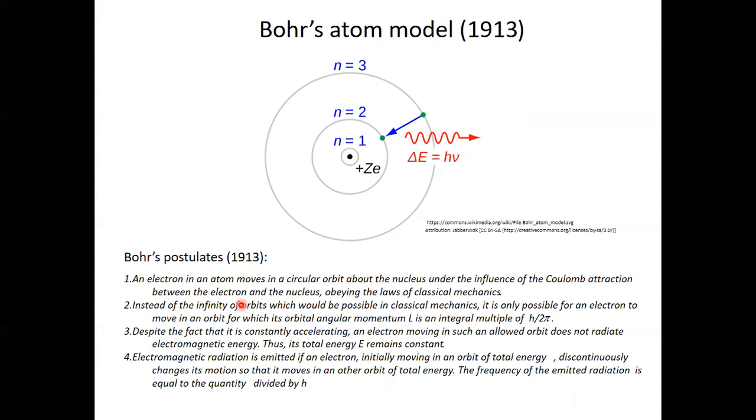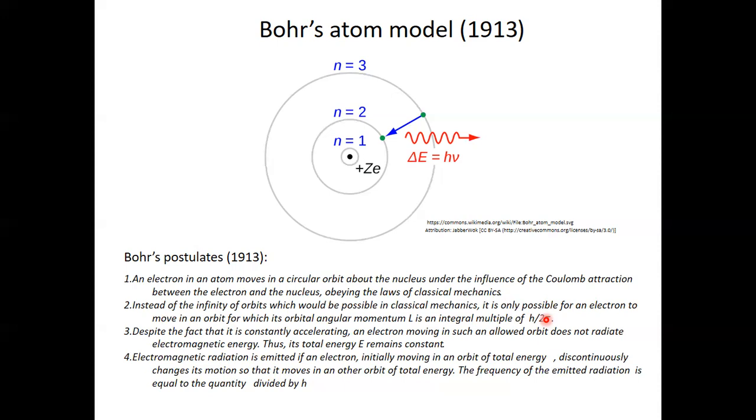However, instead of an infinity of orbits, which would be possible in classical mechanics, it's only possible for an electron to move in an orbit for which its angular momentum, L, is an integral multiple of h over 2 pi, which would be consistent with the quantization of energy.